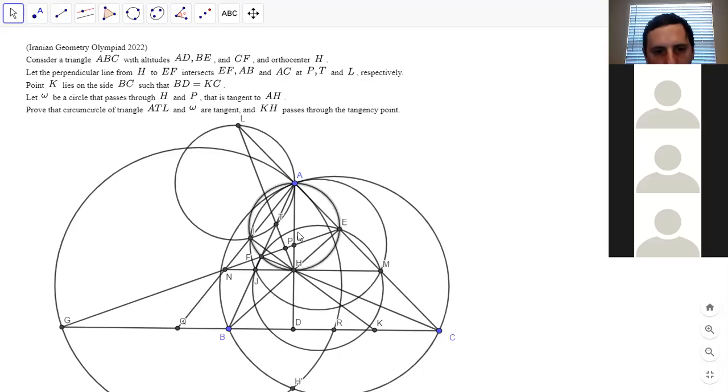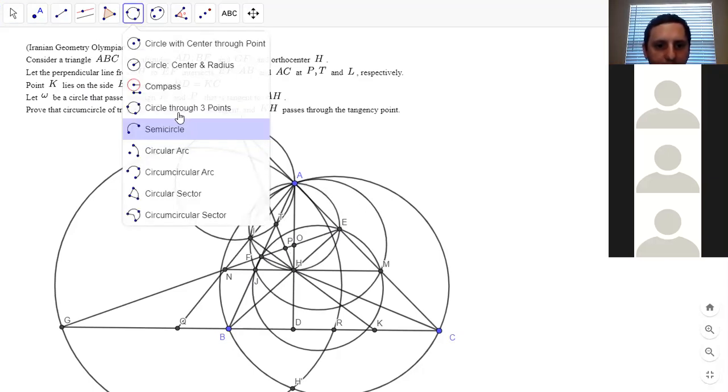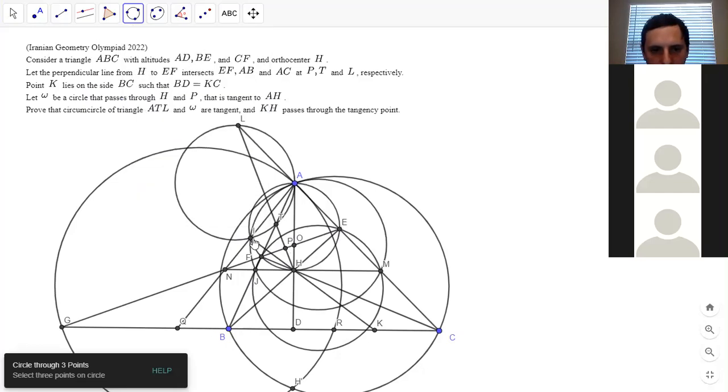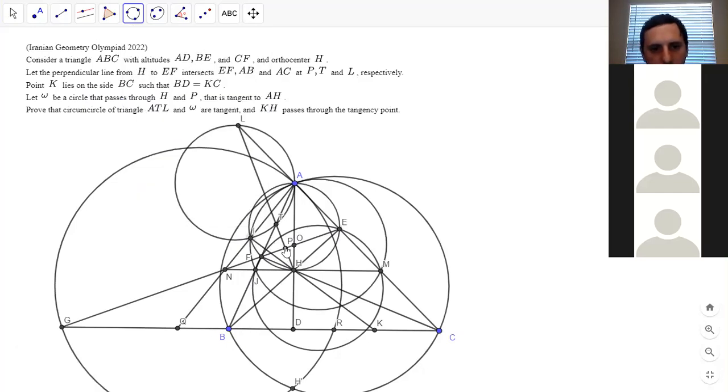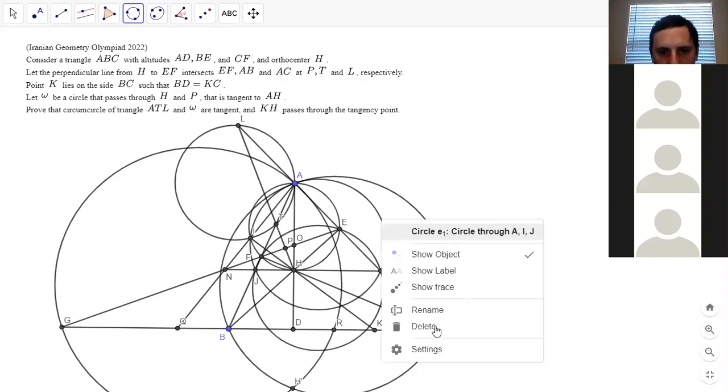No, I mean the omega in the problem. I can just recheck if I used any fact about that. But yeah, I don't think we did. I think we can define I this way. And I don't think we need this circle right here.